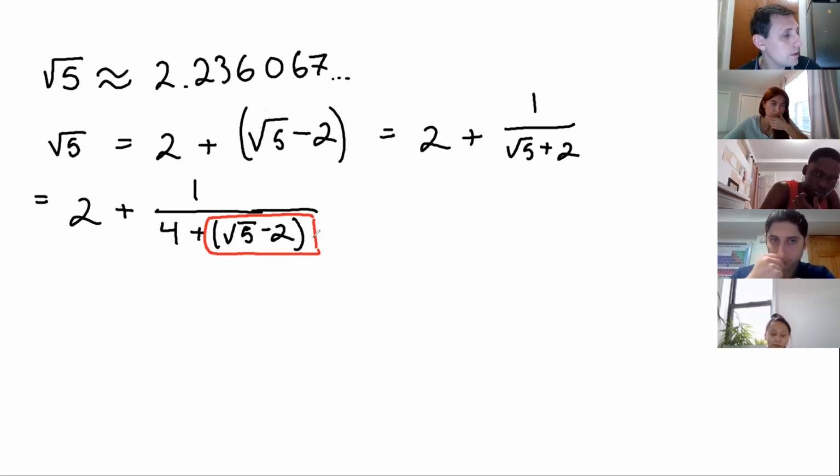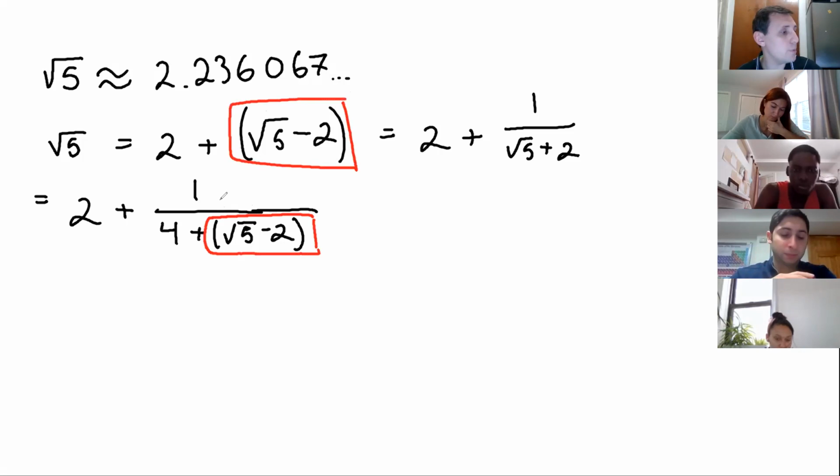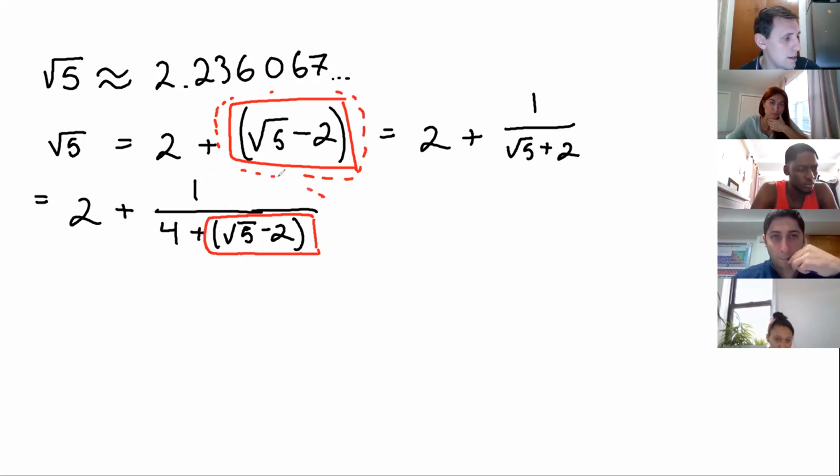This is the same as this. And this box is the same as this full thing. You see? Now this box is the same as this thing.